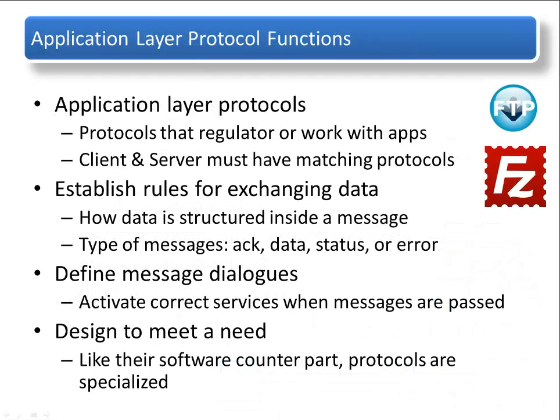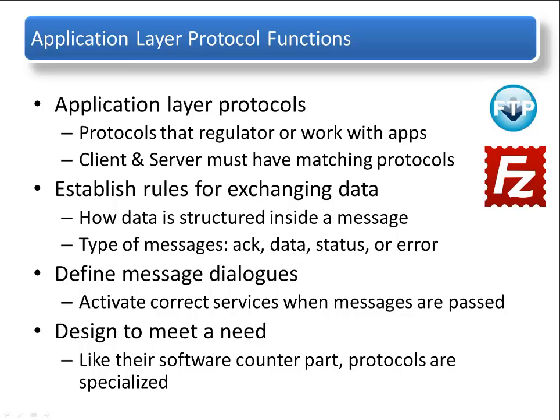Most, if not all, application layer protocols will require the client and server to have matching counter protocols, i.e. HTTP and HTTPD. This relationship helps to activate the correct services when messages are being passed.